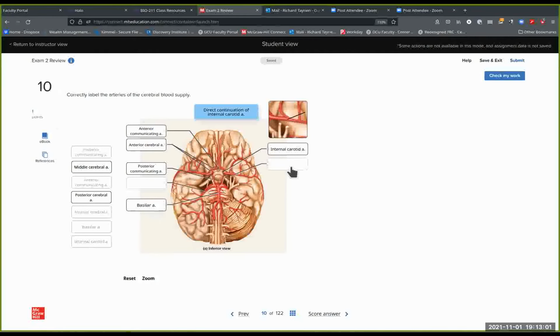Let's see, what's this here? Internal carotid. About here. External.